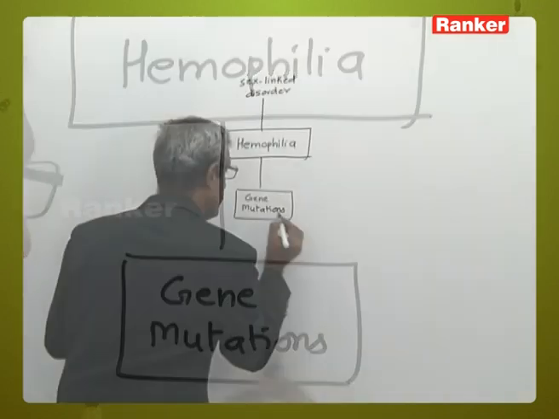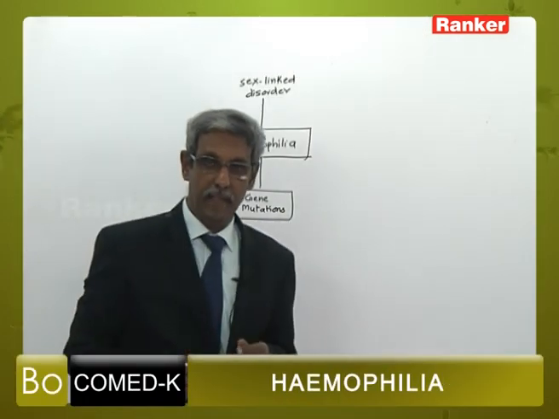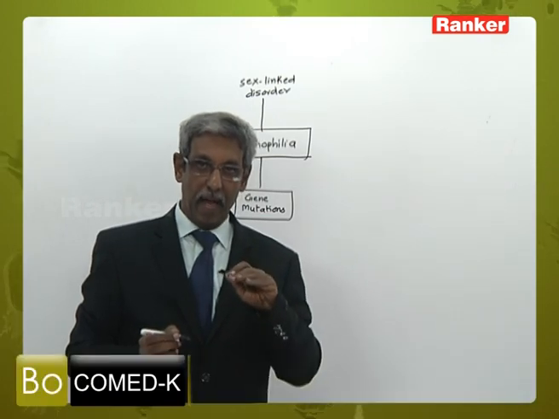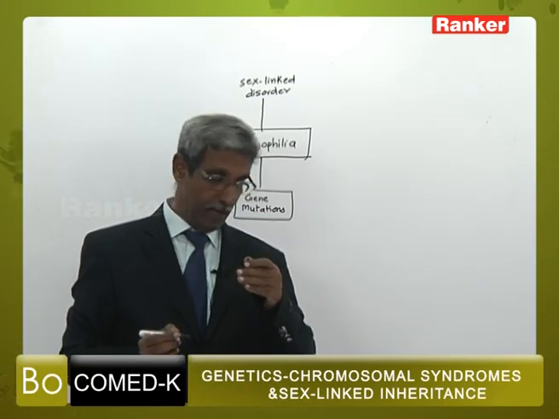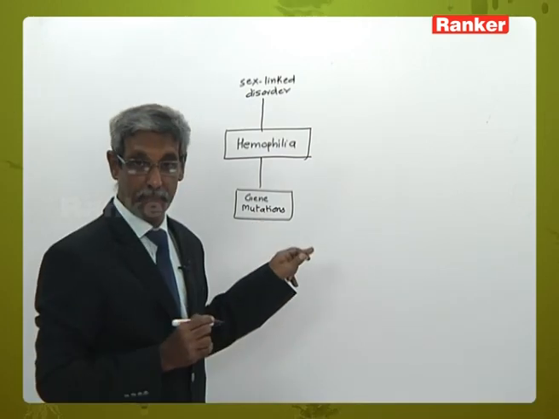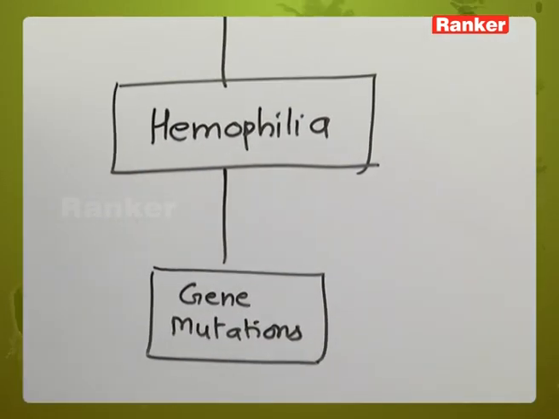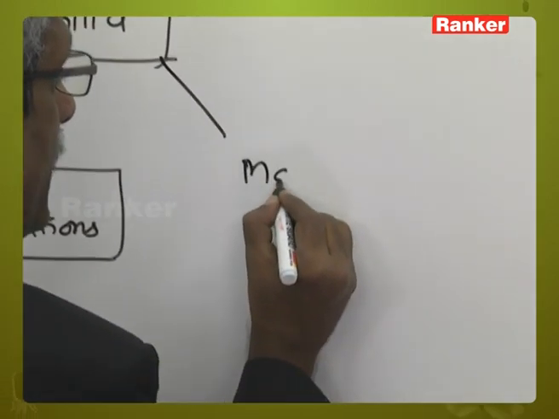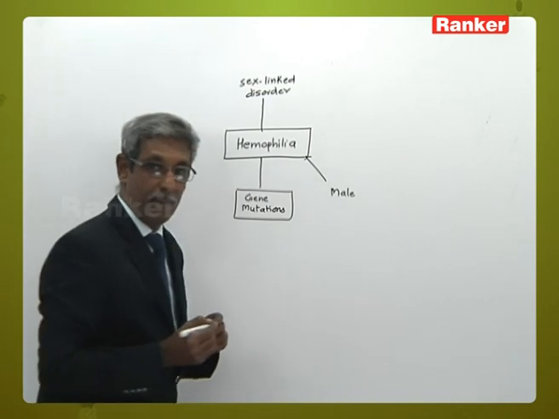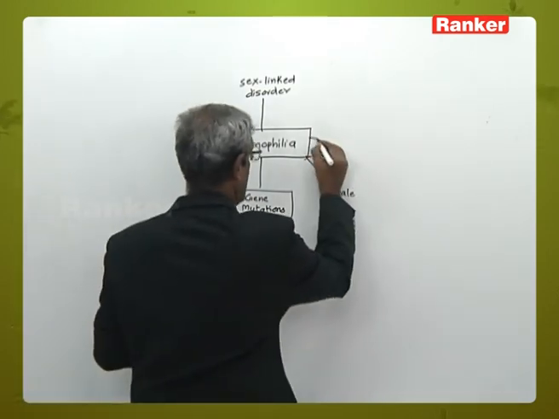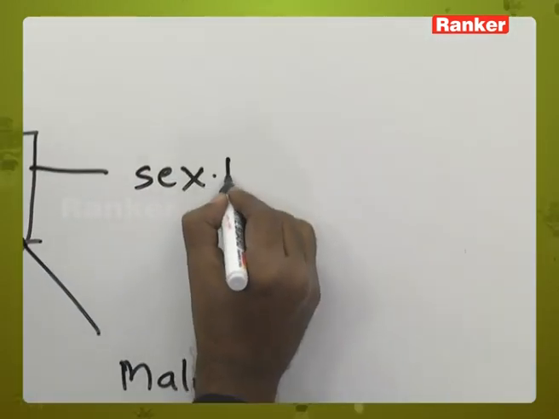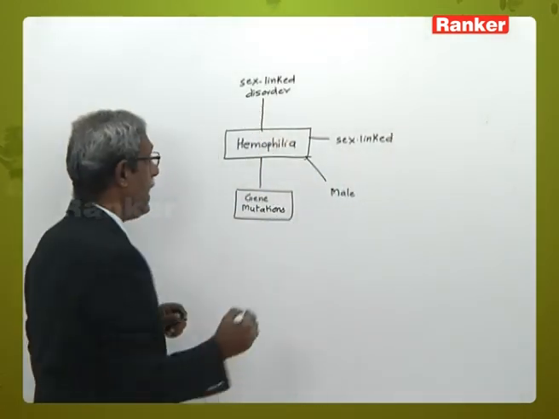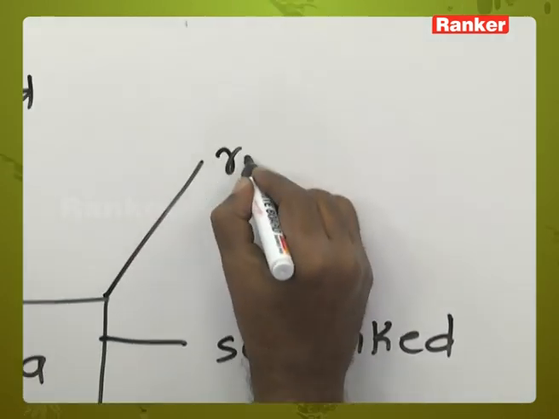Any change in the number, sequence and kind of the nucleotide at the gene level or at the chromosome level is termed a mutation. Hemophilia is a disease which normally occurs in the males. It is sex-linked, and it is a recessive disorder.